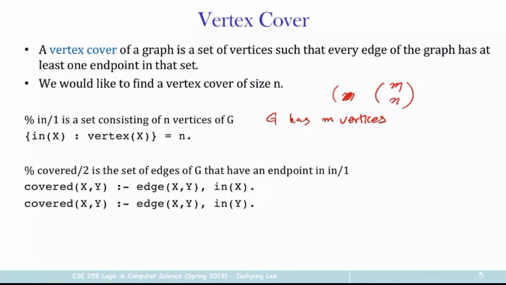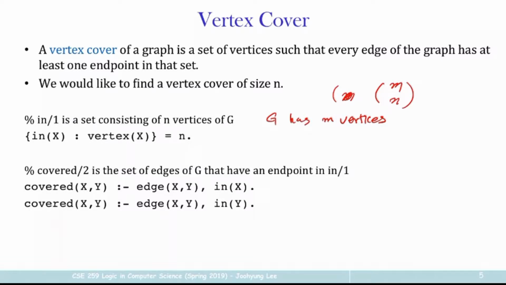Okay? So, but for now, let's focus on understanding what this rule is doing. Okay? So choose a subset of the vertices, which has n elements there. And then we define that the edge xy is covered if x is in or y is in the chosen vertices.